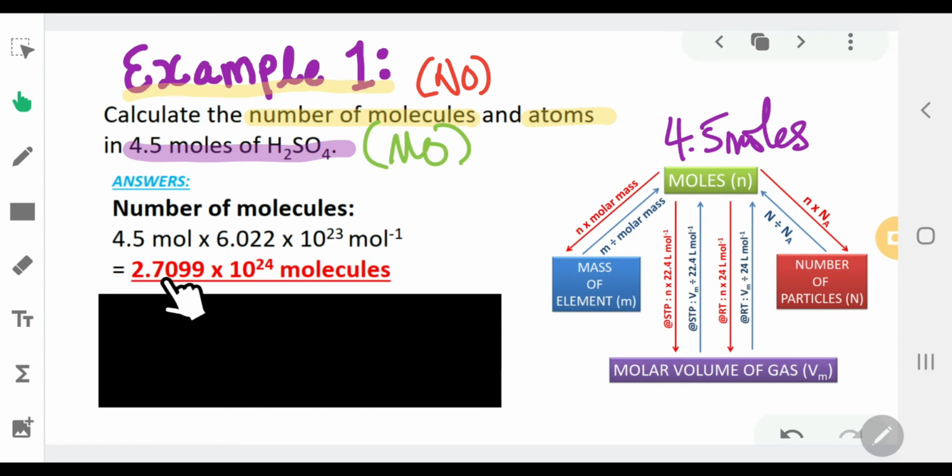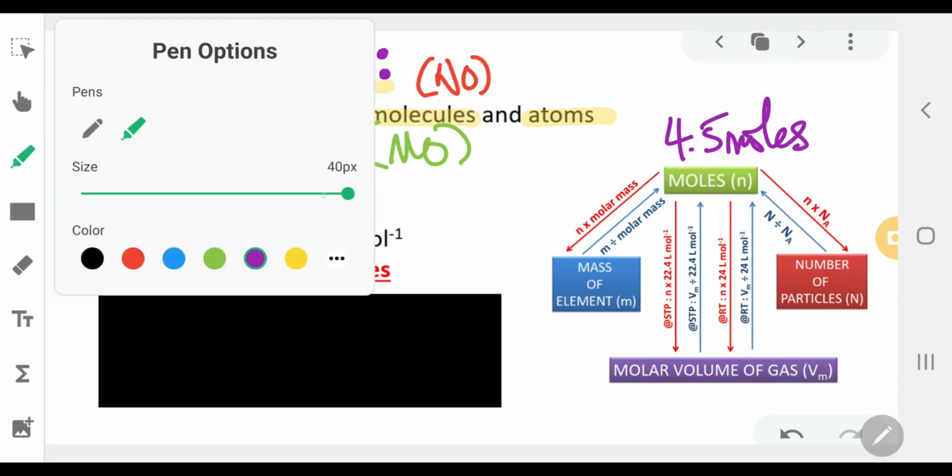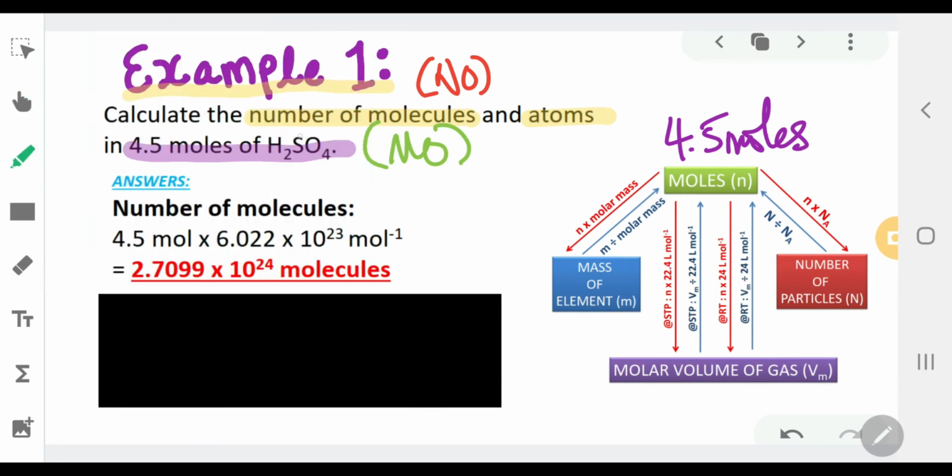So this is how many H2SO4 molecules. Remember, this whole thing over here, that is the molecule, okay?